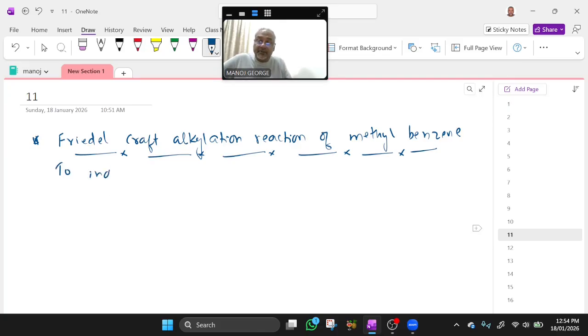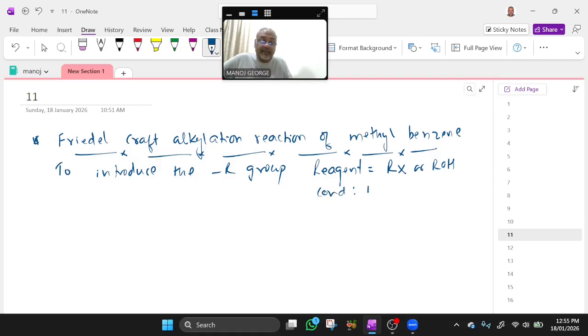Friedel-Crafts alkylation. What is that for? This is to introduce the R group. That means your reagent, as expected, can be RX or ROH, and the condition is AlCl3 plus heat as usual, and the name of the reaction still remains electrophilic substitution.